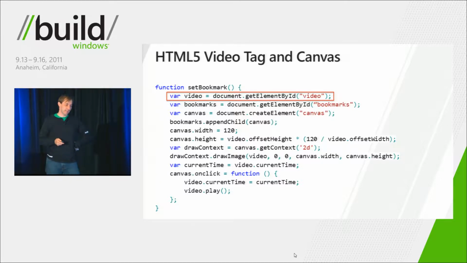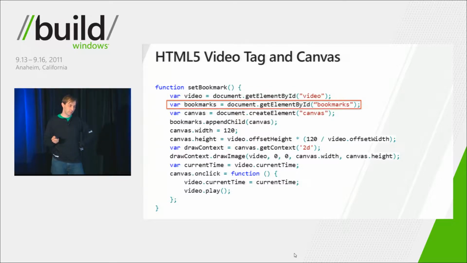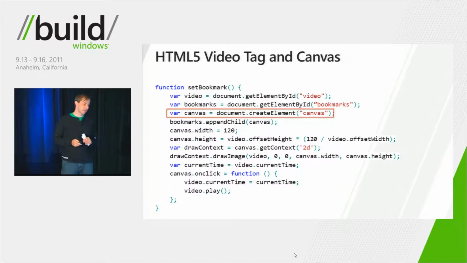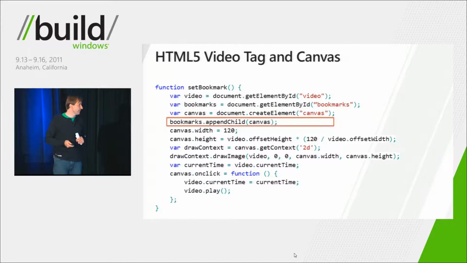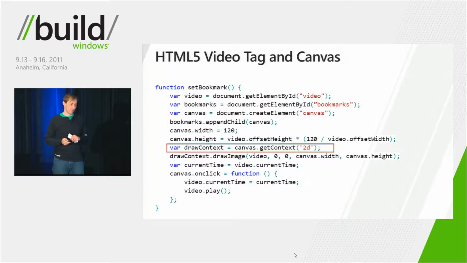Here we're taking, again, the video element out of the DOM. This is the div, which you can think of as a box, that will accommodate the bookmarks as we capture them. Then we're creating a canvas element in the DOM and appending that canvas to the bookmarks area. We give it the appropriate height and width, and then we draw. We get the drawing context from the canvas. Think of it as a brush.